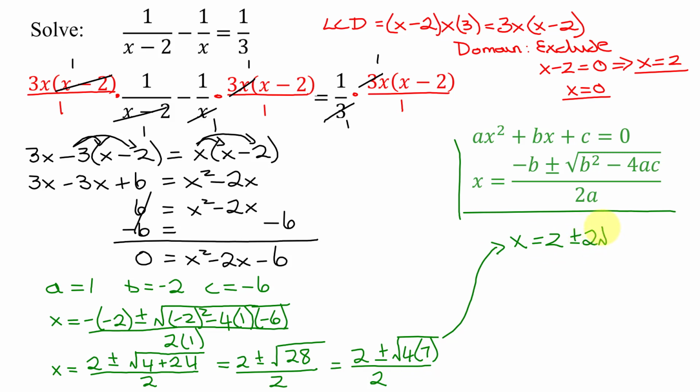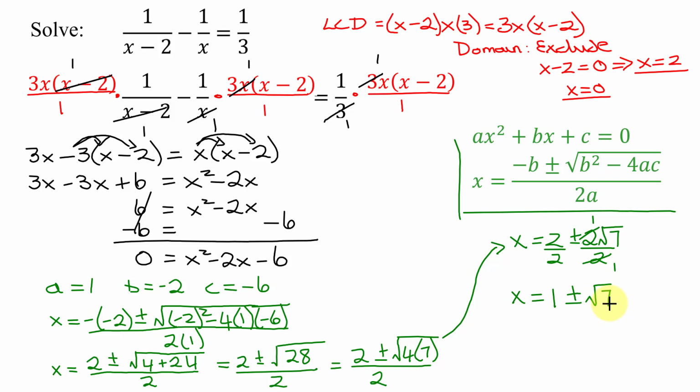The square root of 7 cannot be simplified. And I'm going to divide each of those individually by 2. Makes reducing simpler. So x equals 2 divided by 2 is 1. Plus or minus, these 2's reduce here and just leave you with the square root of 7.